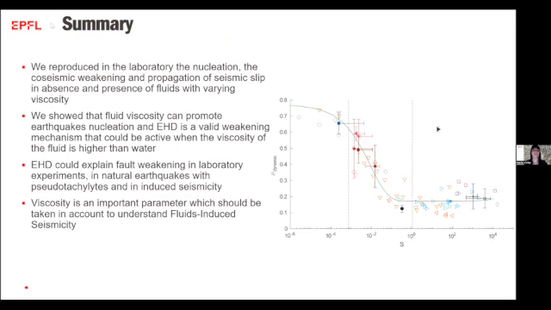We showed that fluid viscosity can promote earthquake nucleation and that elastohydrodynamic lubrication theory is a valid weakening mechanism that can explain the dynamic friction weakening in presence of fluid. So we can explain full weakening with this EHD theory, and viscosity is an important parameter that can control in part seismicity during fluid-induced earthquakes.